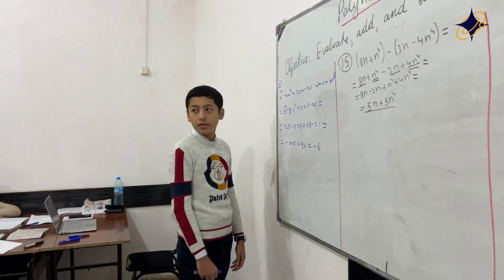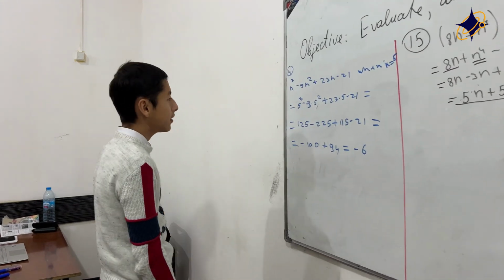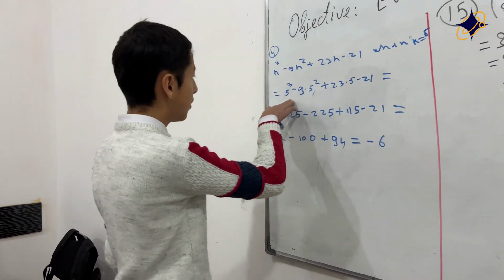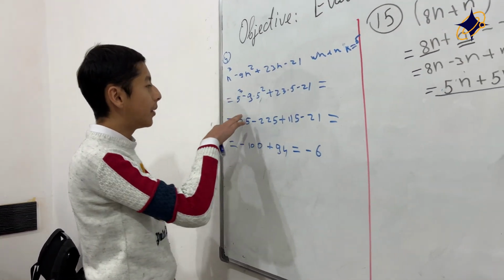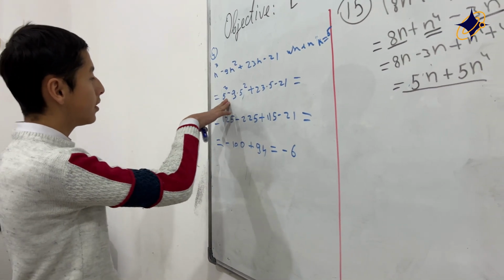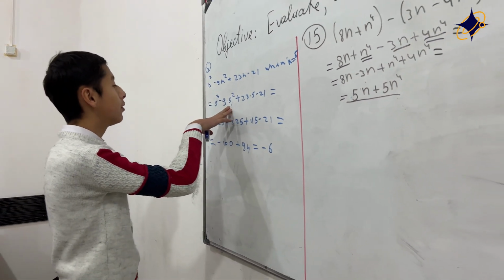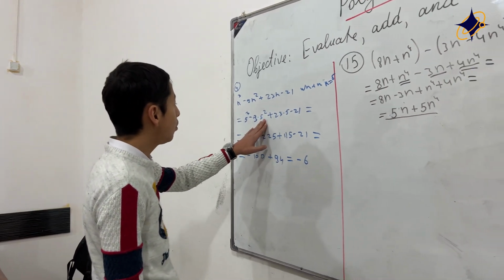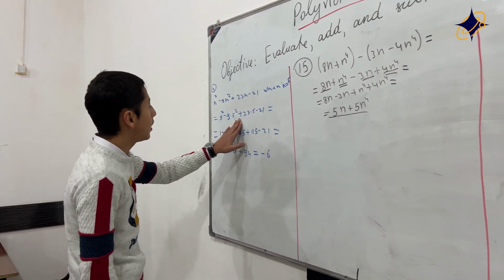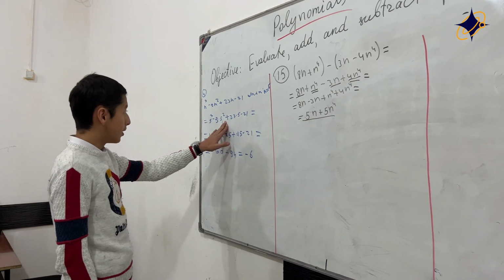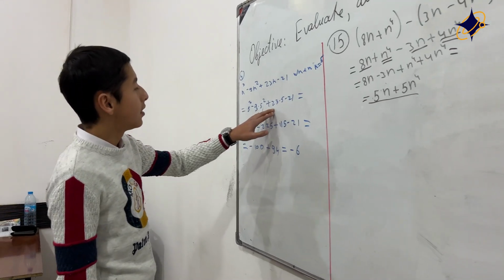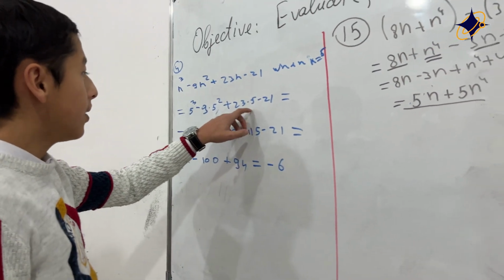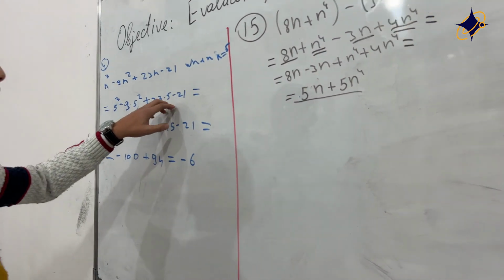We should evaluate the polynomials. 5 exponent of 3 minus 9 multiplied by 5 exponent of 2, plus 3 times 5 minus 21.